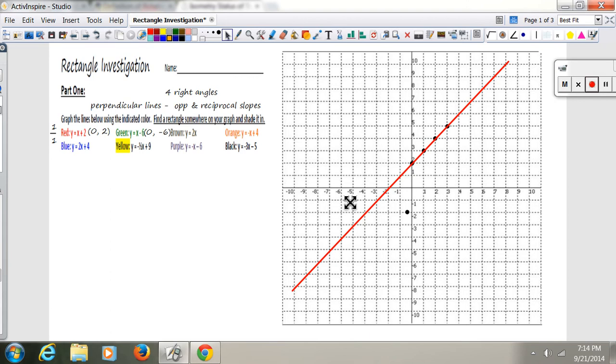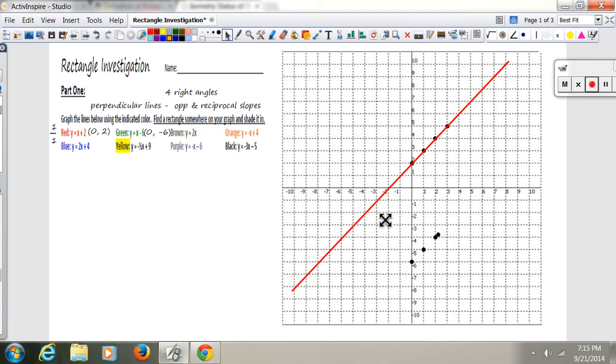At 0, -6, that's way down here, 4, 5, 6. And again, the slope is a 1. So it actually has the exact same slope. Imagine that. Same slopes. I wonder what same slopes are called. Oh, wait a second, we just talked about that yesterday. Same slopes are called parallel lines.